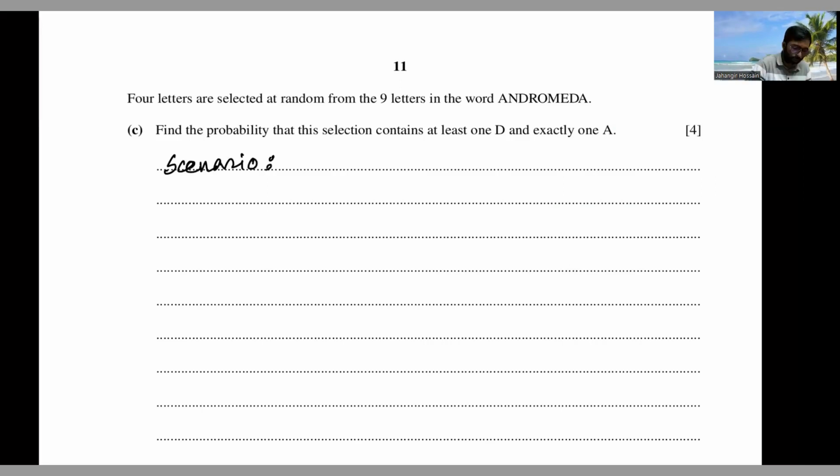We have two D, we have two A, we have the other five letters. So from 2D we select 1D, 1A, and from the other five we select 2. Or we select 2D, 1A, and 1 from the other five. So these are the scenarios.